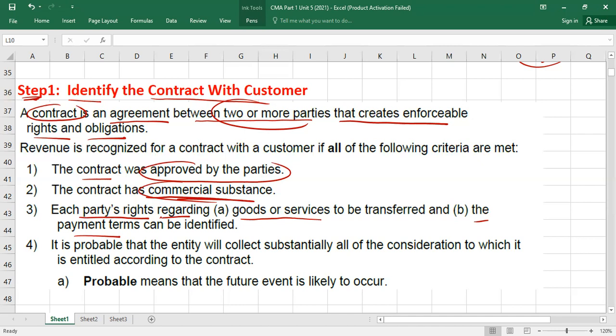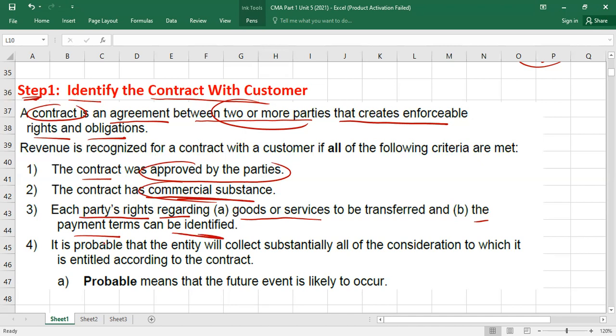And the buyer's responsibility is to pay cash, but the buyer's right is to receive goods or services. When you look at the contract, you should be able to identify the rights of each party. The right of the buyer is to receive the goods or services, and the right of the seller is to receive cash or other consideration. Right? So this can be what? Identified.